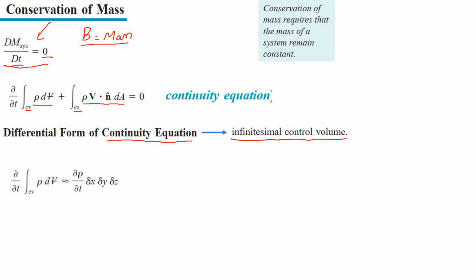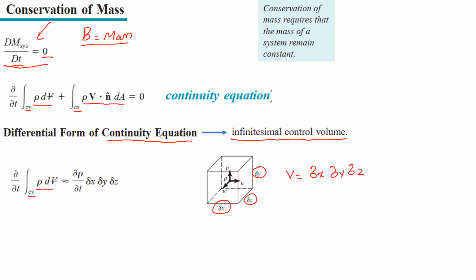This is the control volume term in our Reynolds transport theorem for mass conservation, and what we got is the partial over partial t, the partial change with respect to time inside the control volume, of this mass. If we take a cube with sides delta x, delta y and delta z, the volume of the cube will be delta x delta y delta z.